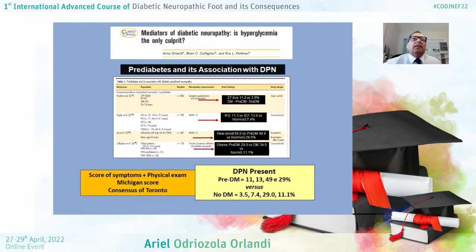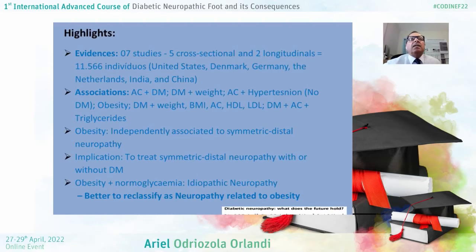And to remark, this highlights evidence from 7 studies, 5 cross-sectional and 2 longitudinal, from different countries with a very large number of participants, demonstrating the associations between alcohol drinking and diabetes, diabetes and overweight, alcohol and hypertension without diabetes, obesity or diabetes with high BMI, alcohol consumption, high HDL and LDL levels, diabetes, and alcohol and triglycerides.